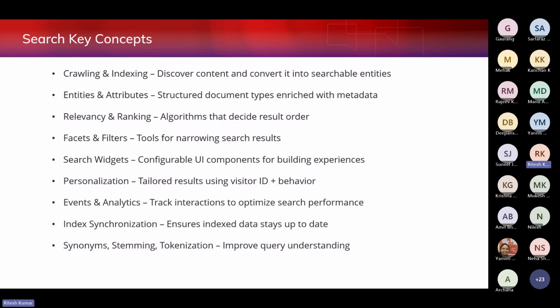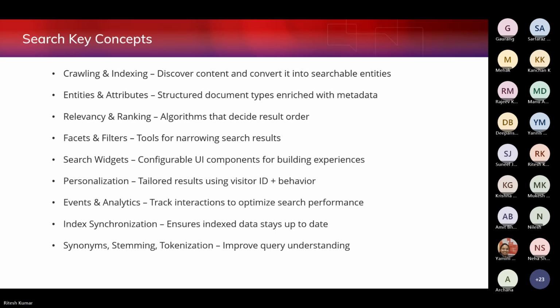Then index synchronization: making sure that if there is content on the site which is indexed into the search, and any changes happen to that content, something gets added or deleted, the latest and greatest content is available for search.